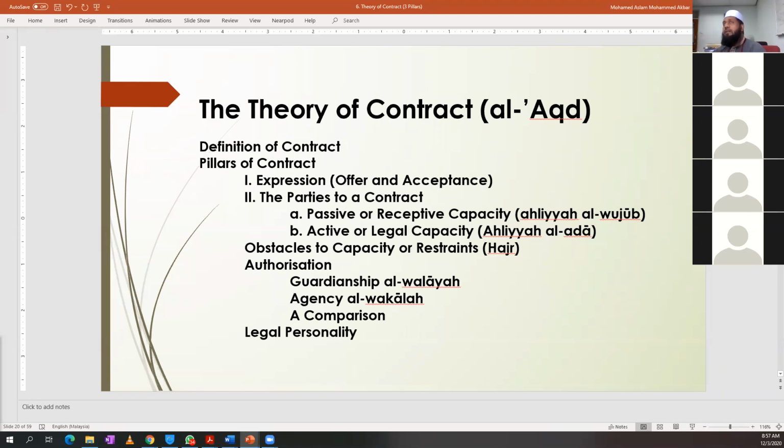Let's say a minor is selling, and by minor I mean someone like 10 years old or 5 years old. Why should I care about the age of the person who is selling? I should only care about the product, right? So these are the questions that come up.